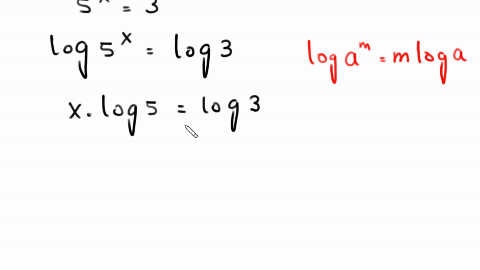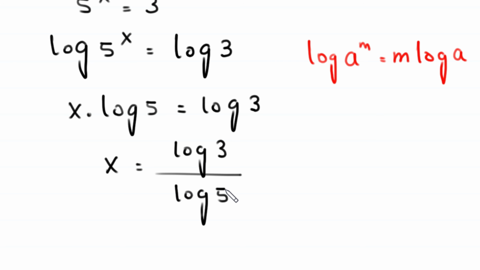If we divide both sides by log of 5, this implies that x is equal to log of 3 divided by log of 5.